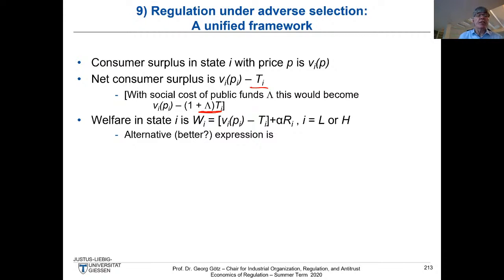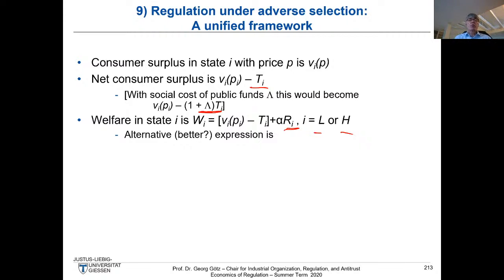And then the welfare in state i, either high state or low state, is simply this net consumer surplus in this state plus alpha times the revenue in this state. And of course, the state might be either high or low.